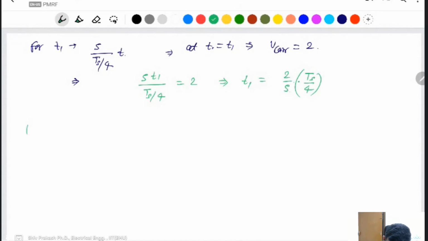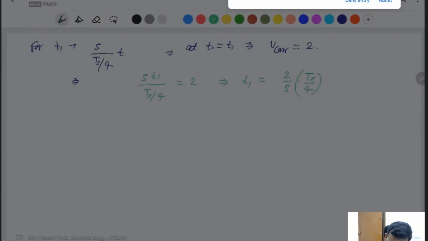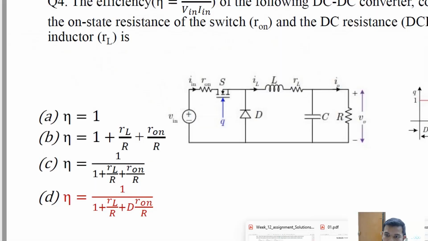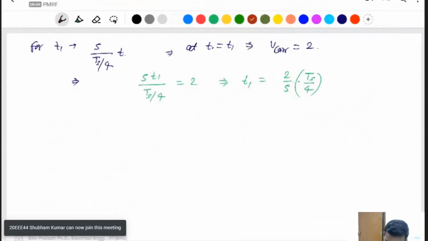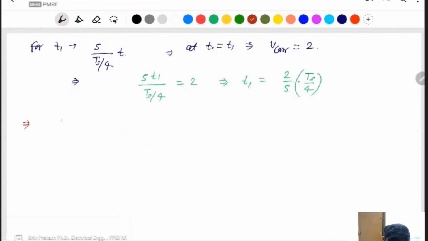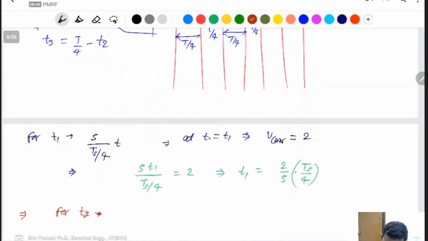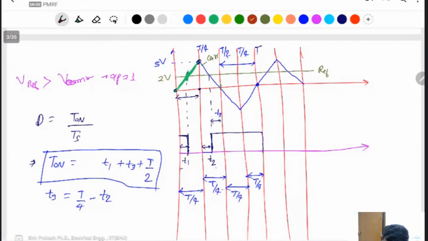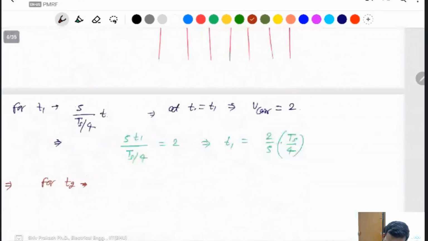The next section is for T3 to T2 time. What is the line equation of this one in this section? Same as a linear line equation, starting from y = mx + c, where c is 5.